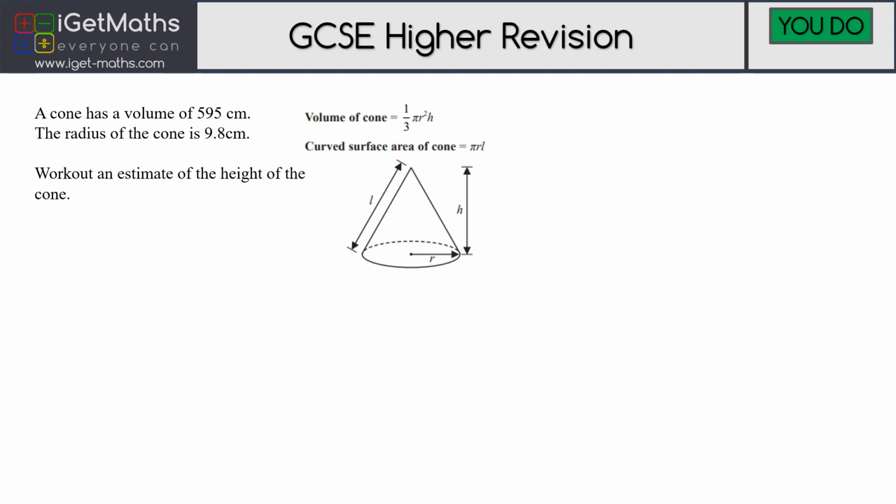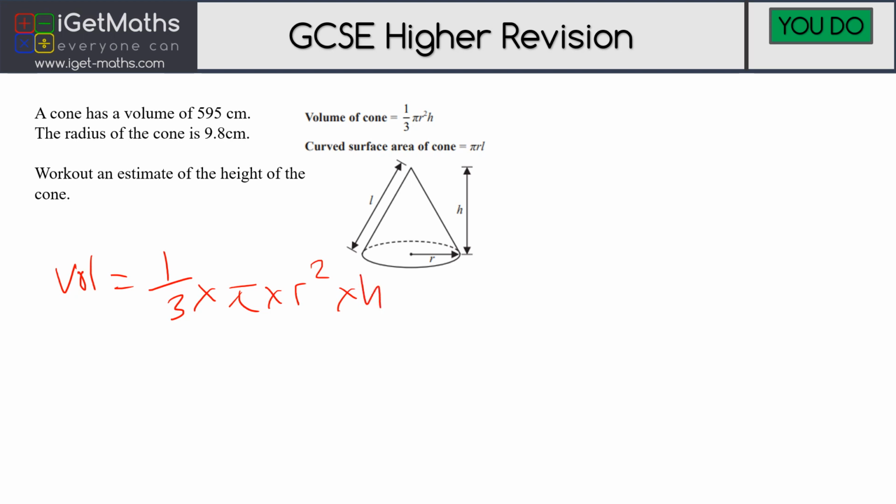Okay, so your question, a cone has a volume of 595 centimeters cubed. The radius of the cone is 9.8 centimeters. Work out an estimate of the height of the cone. So again, we're going to use the formula for the volume of the cone, which is 1/3 times pi times the radius squared times the height.